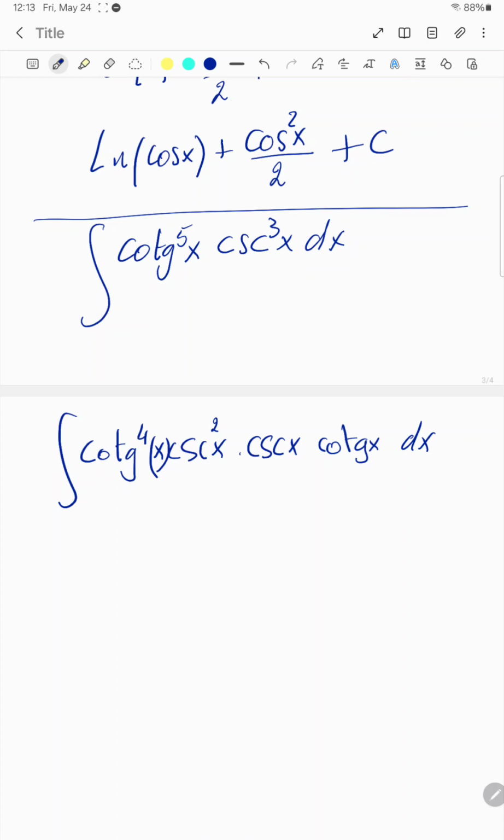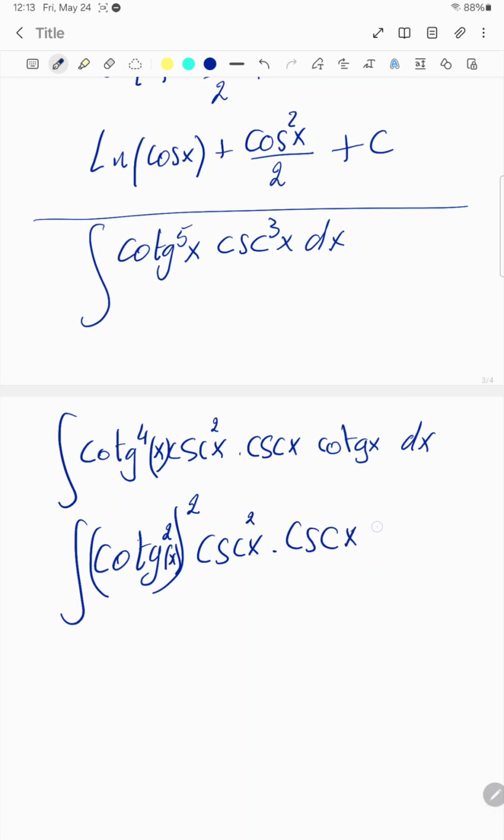So here it is cotangent 5 of x cosec to the power of 3 of x. But I know that cotangent square of x is equal to cosec square of x minus 1. So this I can write this way, it's easier for you: cotangent square of x to the power of 2, cosec x to the power of 2 times cosec x, cotangent of x dx.